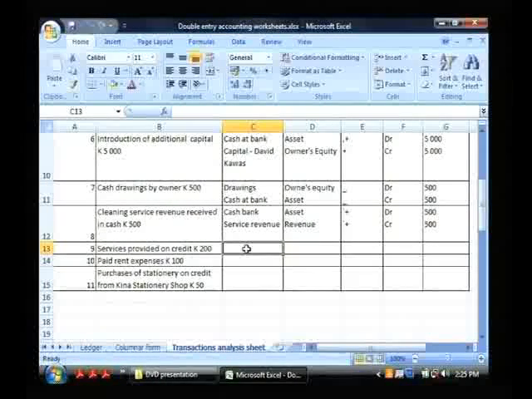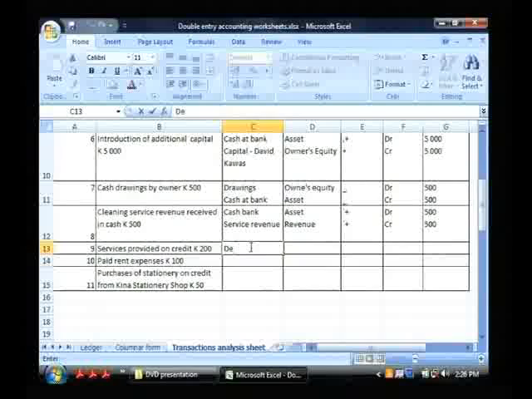So here this cleaning business has provided services on credit, and the name of the organization is the Guruka restaurant. So therefore here debtor is the credit customer.